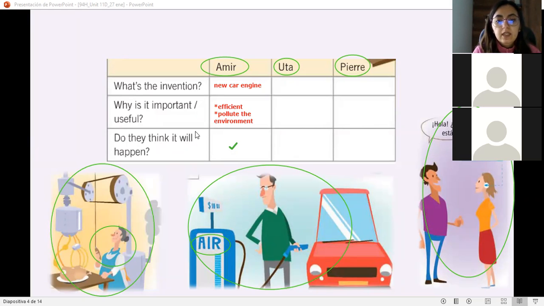So he said that he is sure that it will happen, right? So let's see. And now we know that this Amir was talking about this picture, right? About a new kind of fuel to use in the car. So let's listen to Uta and let's see once again what the answers are. Pay attention, guys.